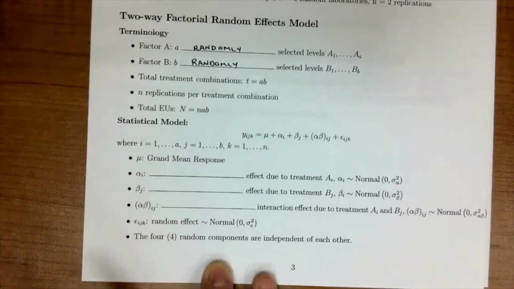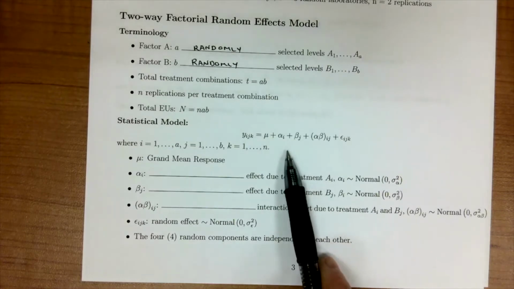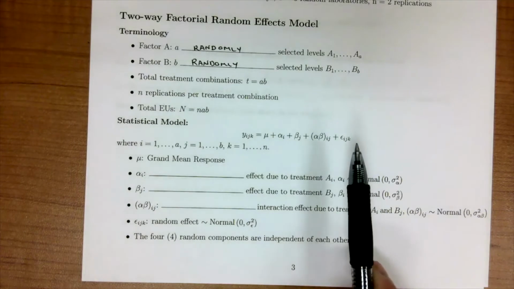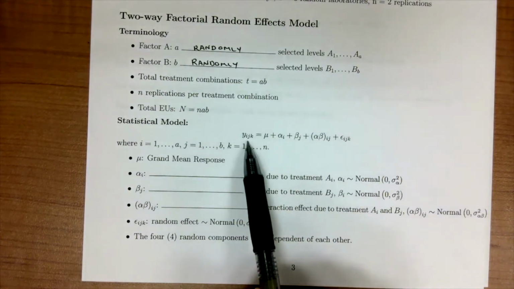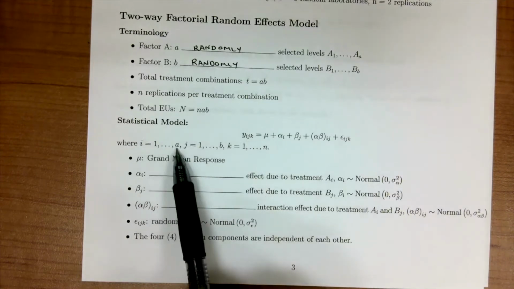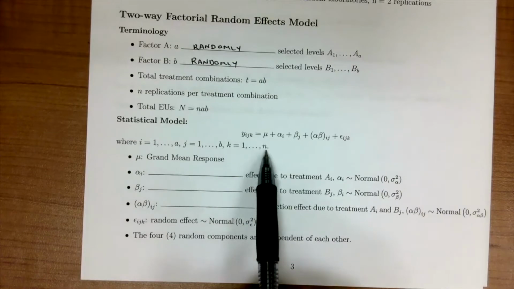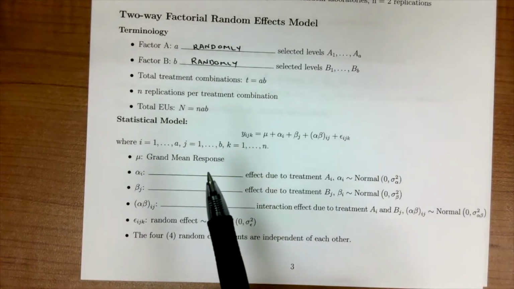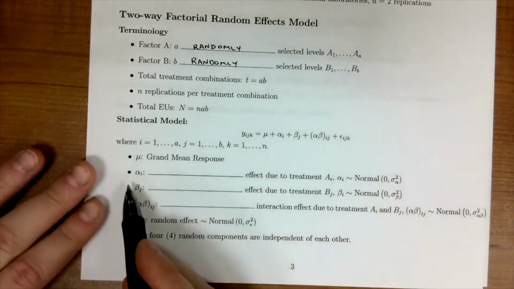Our statistical model should hopefully look familiar, but our terms now are a little bit different. Okay, so we have our Y, which is our response, where I goes from 1 to A, J goes from 1 to B, and K goes from 1 to n. Our mu is still our grand mean response, but now what we have are random effects.